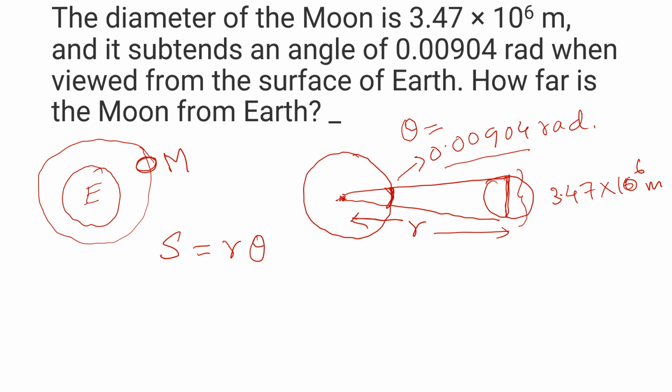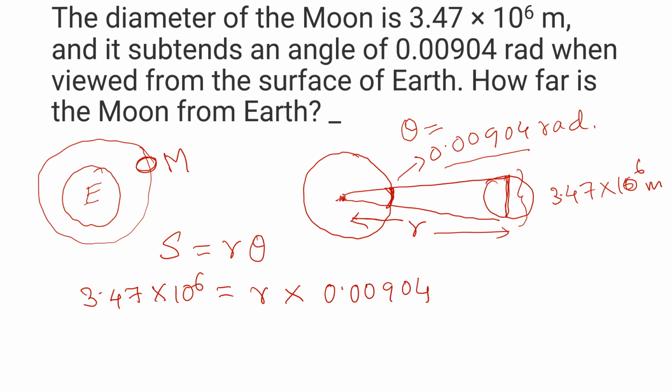So if you put all the values in, S is 3.47 times 10 to the power 6, and that is equal to R times the angular displacement, which is 0.00904.